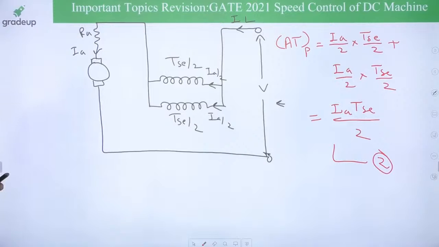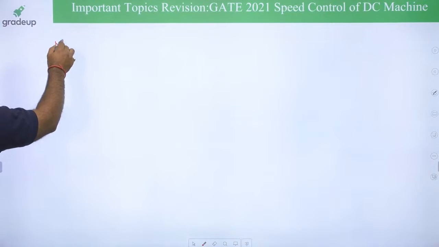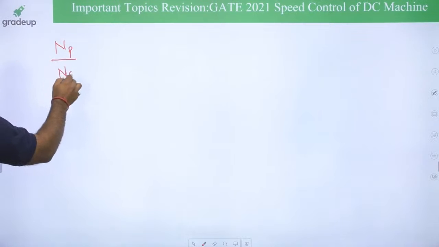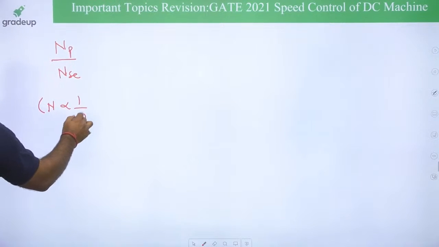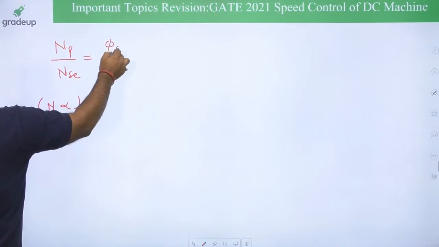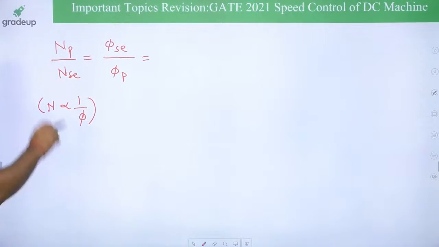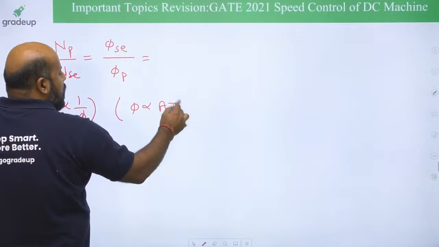Now if you want to compare the speed, suppose this is for the parallel combination and this is for the series combination, and you know that speed is inversely proportional to flux. So can I write it like flux series upon flux parallel? Now flux is directly proportional to the ampere turn.